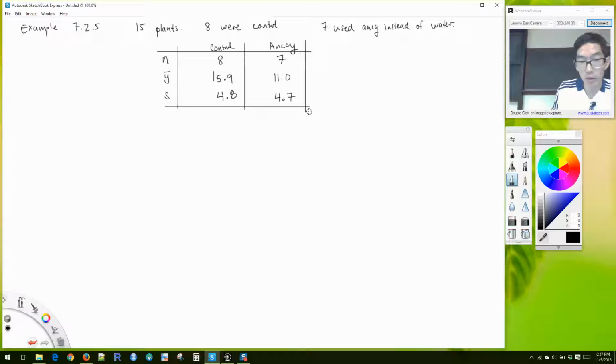Prior to the experiment, researchers just want to know, would ANSI cause a difference in the height?